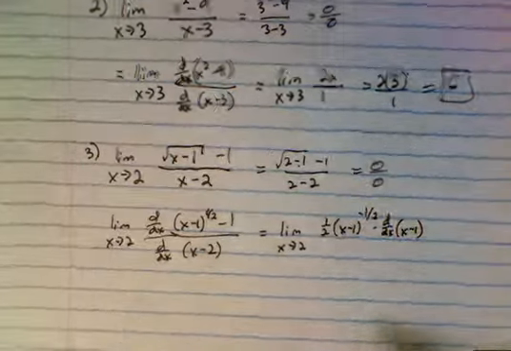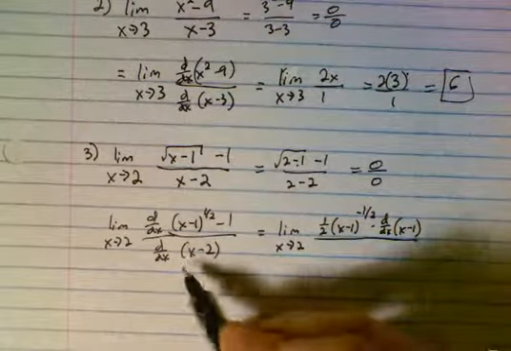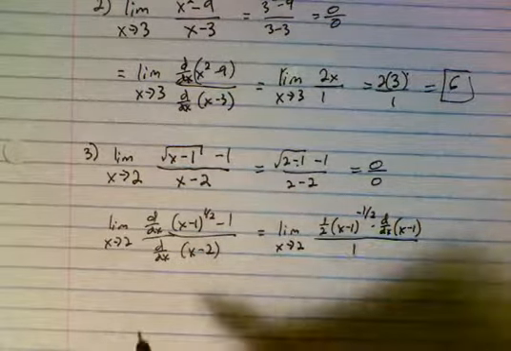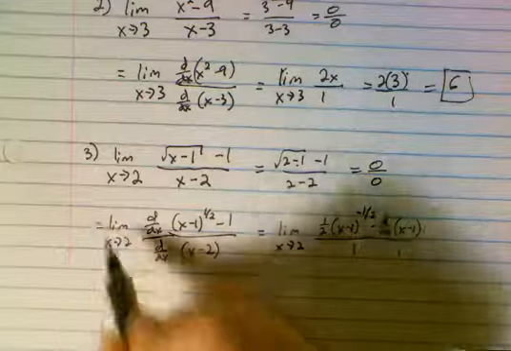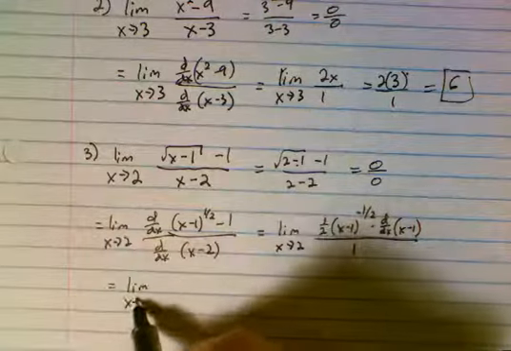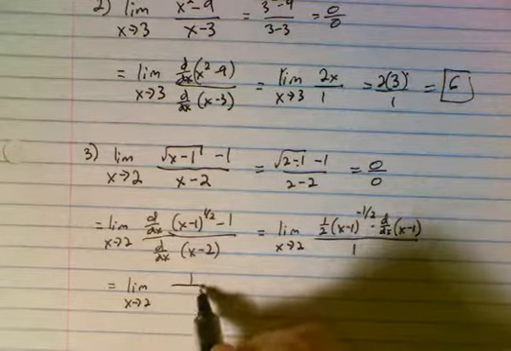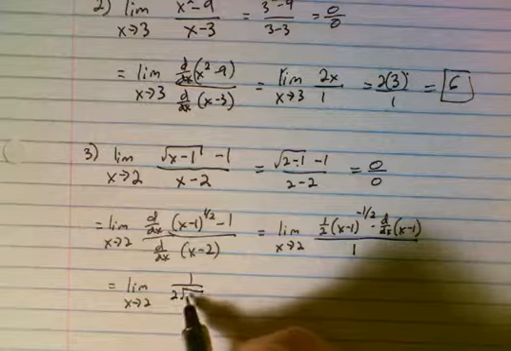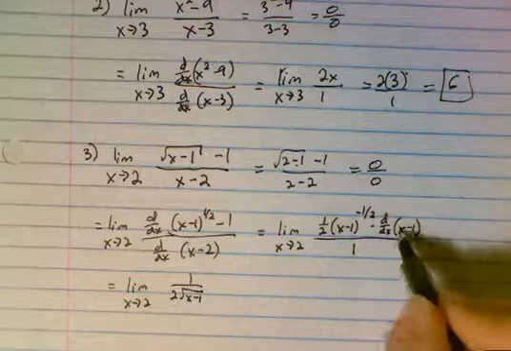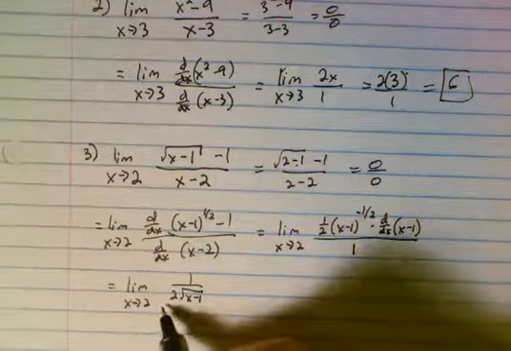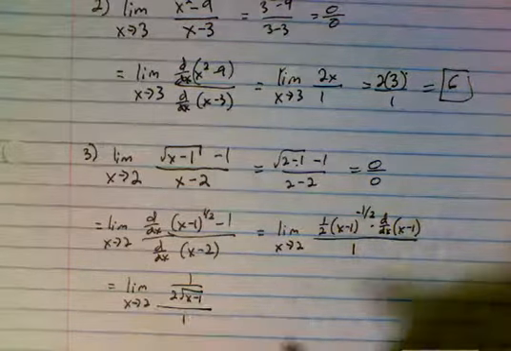Derivative of negative 1 is 0. Derivative of x minus 2 is 1. So this is 1 over 2 square root x minus 1. Derivative of x minus 1 is 1. This is all over 1.